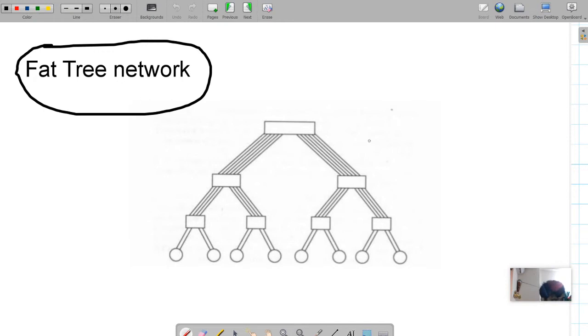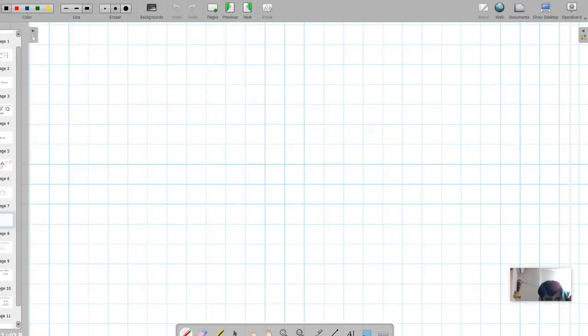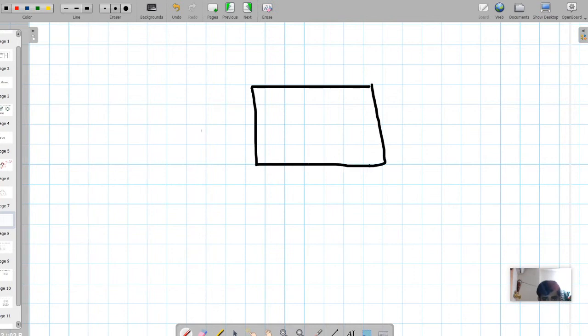Apart from this, there can be, let me take one page here, hypercube network. And hypercube networks are basically of three-dimensional structure.